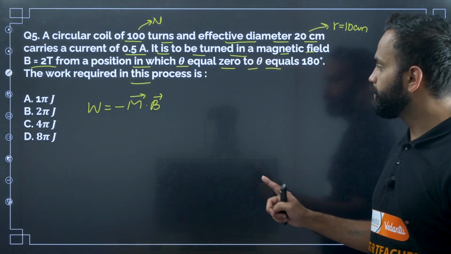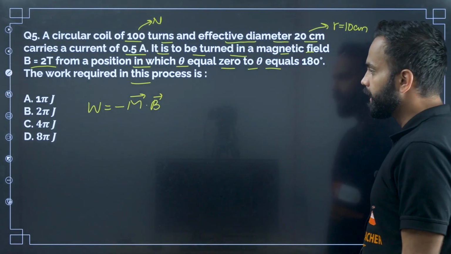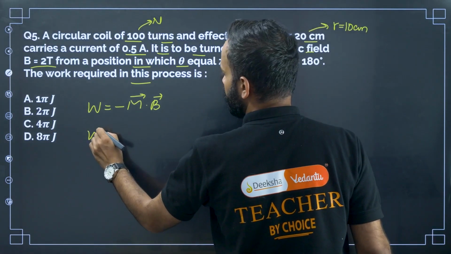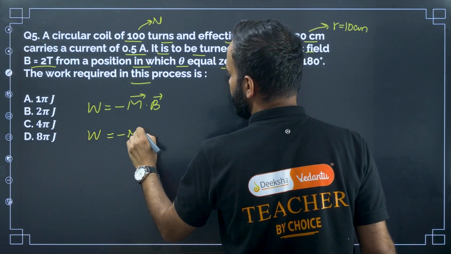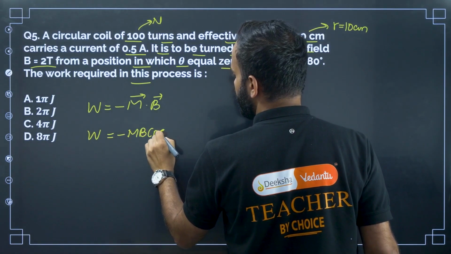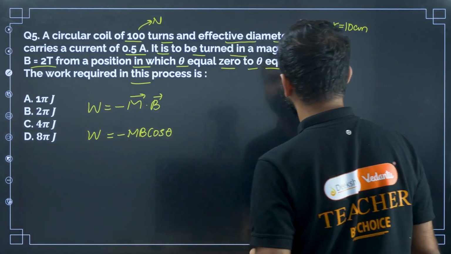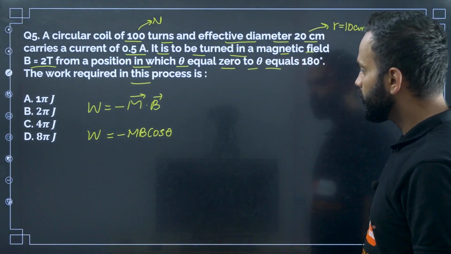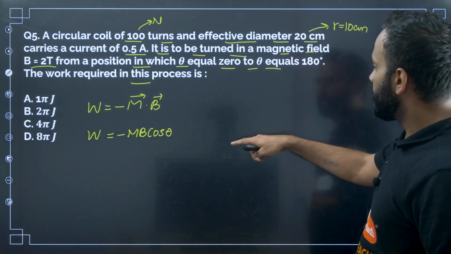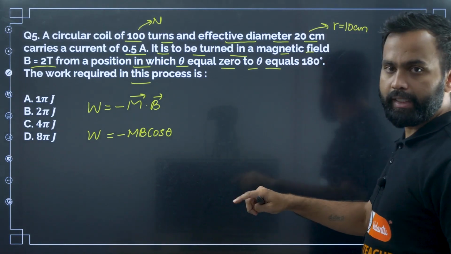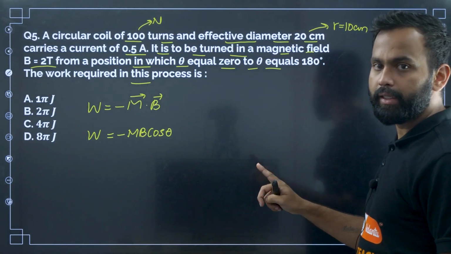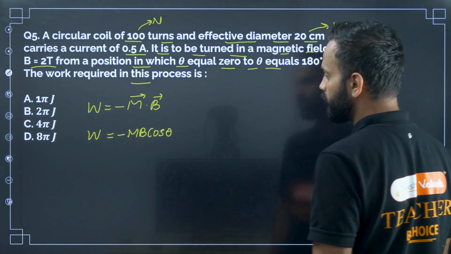Magnetic moment. What is B vector? Magnetic field, right? So W is equal to minus MB cos theta. Work done is the change in potential energy, final potential energy minus initial potential energy.